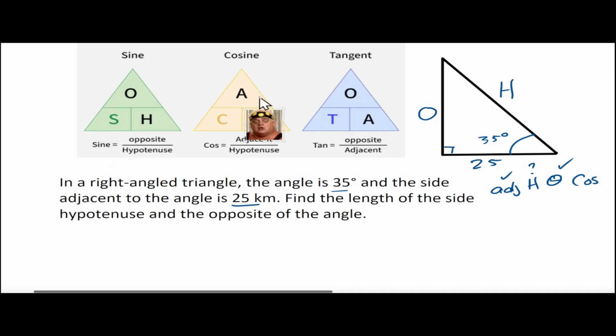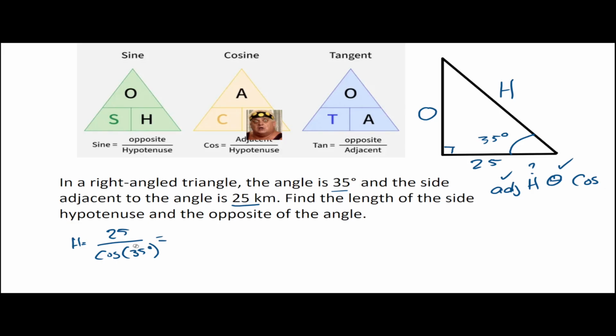And the hypotenuse is going to be the adjacent divided by cosine theta, because the A is above the C here. So the hypotenuse is the adjacent side, which is 25, divided by cosine of 35 degrees.